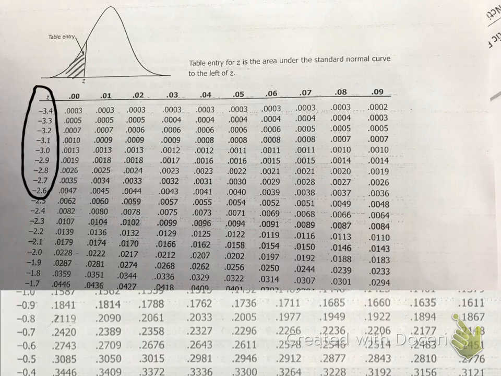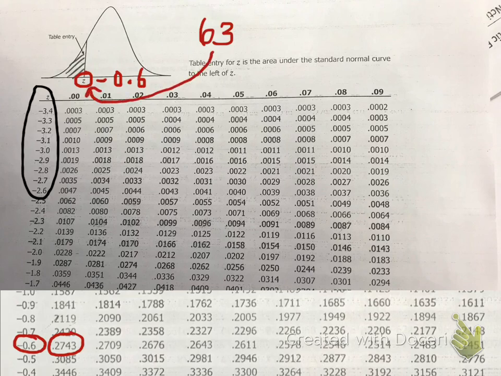Now, this one looks kind of funny, because on the problem that I just did, I got a Z-score of negative 0.6. That puts me right here. If I reference the table here, that gives me 27.43%. So, to put this on my graph, a woman that is 63 inches tall would be right here.